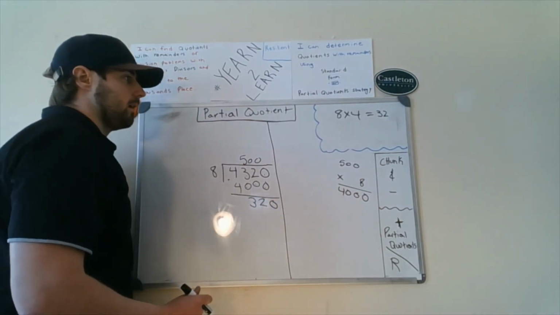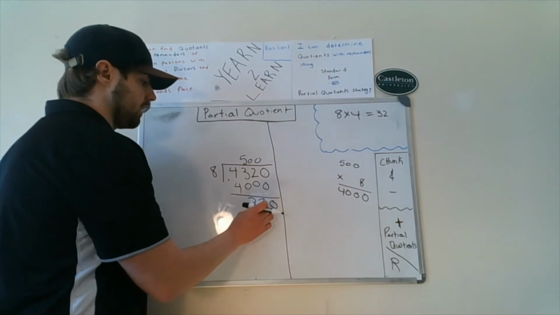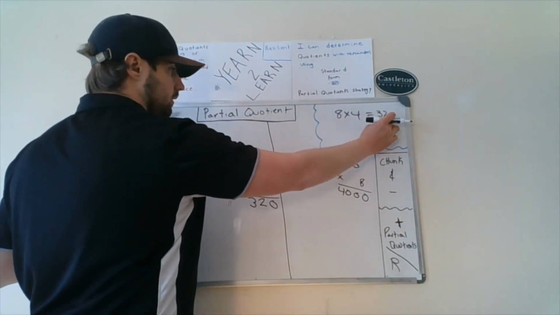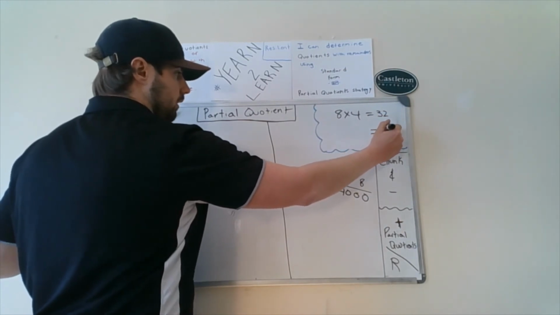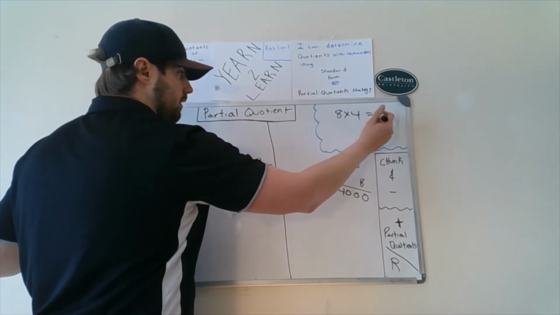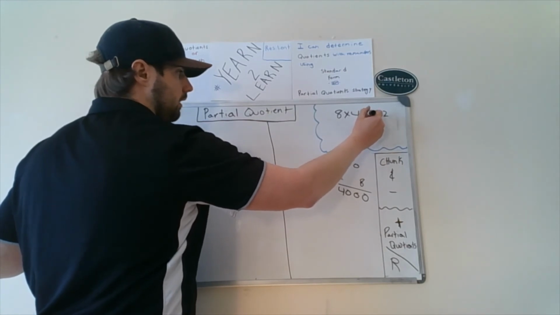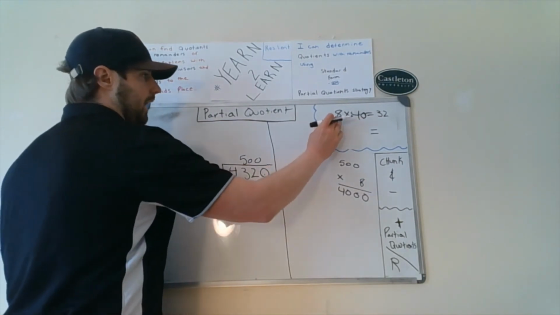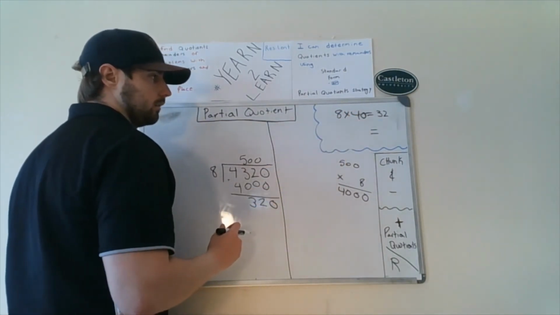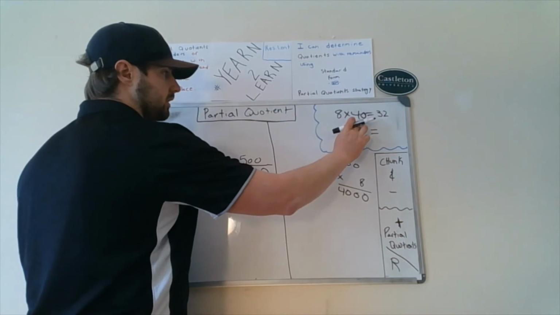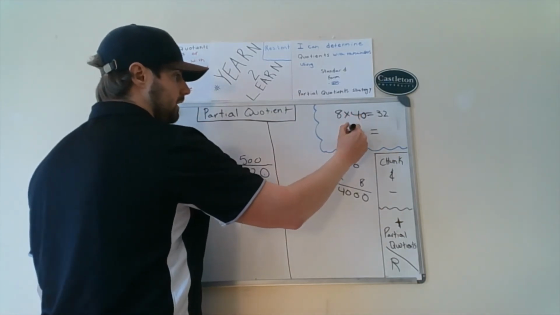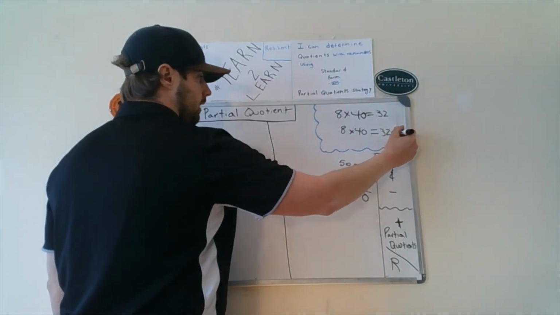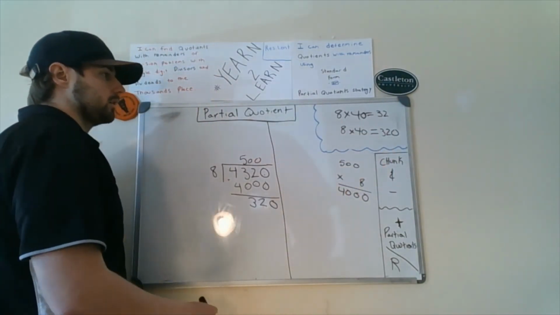So when I'm working with bigger numbers and I see numbers I know, if I know that 8 times 4 is 32, then I know if I attach a 0, what's it going to give me, guys? What would 8 times 40 give me? I know I'm just tacking on a 0. 8 times 40 will give me 320. Holy smokes, look at that.